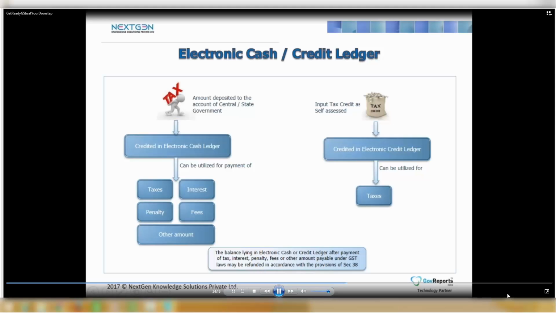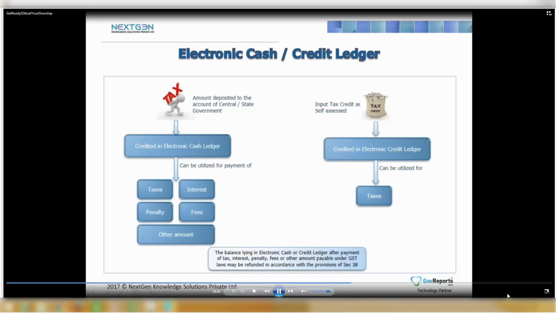And it can also be used for payment of interest, penalty, fees, or other amount. So this is how electronic cash ledger is used for making entries for the amount deposited by the taxpayer and for its utilization towards the taxpayer's liability.